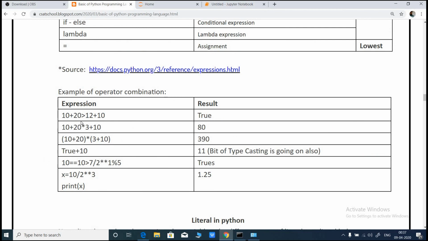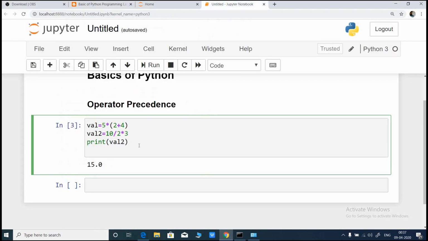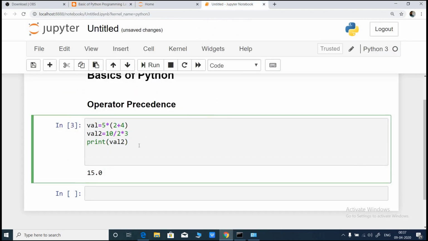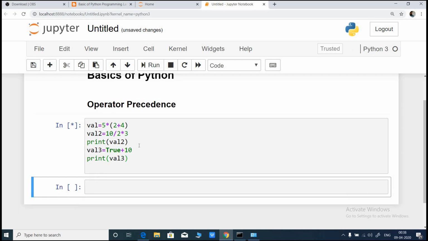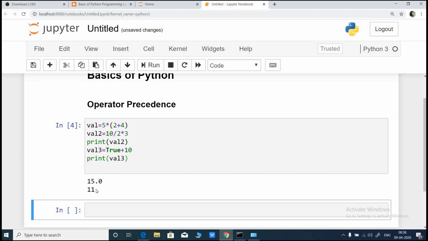Now, following the operator precedence, what actually happens when you add a truth value, True, to 10? The output is 11. Why is that? If I have val3 equal to True plus 10 and I print val3, obviously it gives me 11, so that is correct.